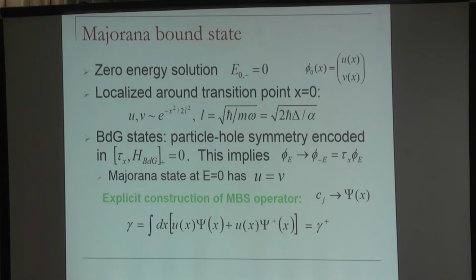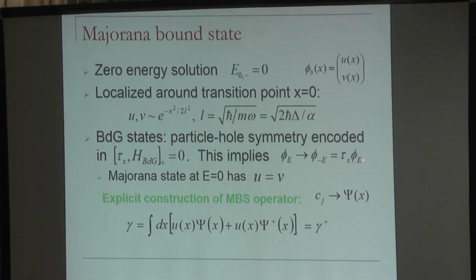That also means if we have a solution at energy 0, the solution must be directly an eigenstate of tau x. So we can infer from that u is equal to v. In fact, in the continuum limit, writing the c_j's as field operators psi of x, you have the explicit construction of your Majorana bound state operator here.